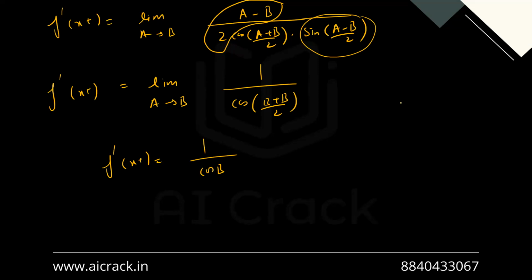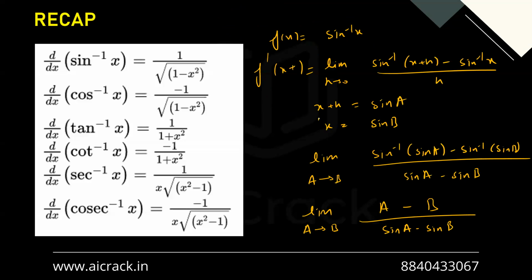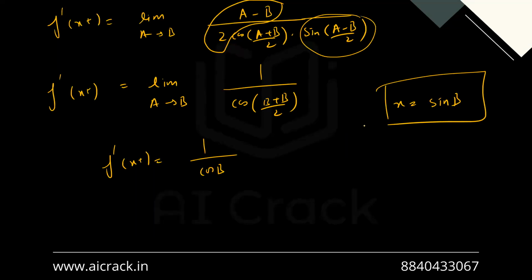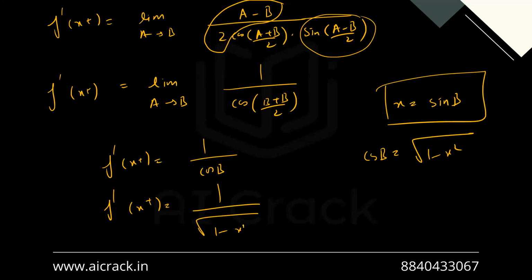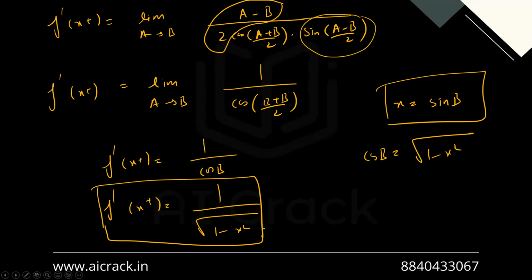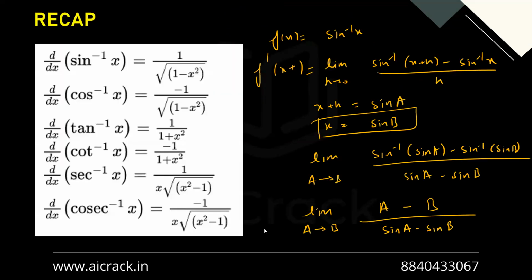Our substitution was x equals sine B. Now when x equals sine B, we can simply say that cos B would be under root 1 minus x square. So f dash x plus would be 1 upon under root 1 minus x square. So this was the way through which we can find the derivative of sine inverse x, right?